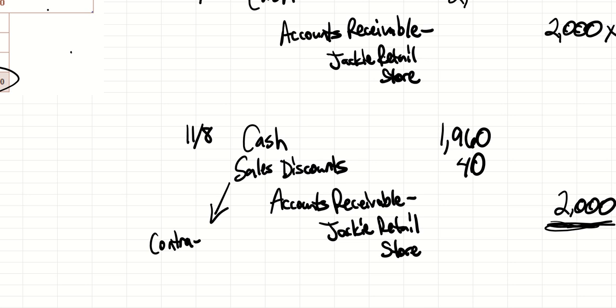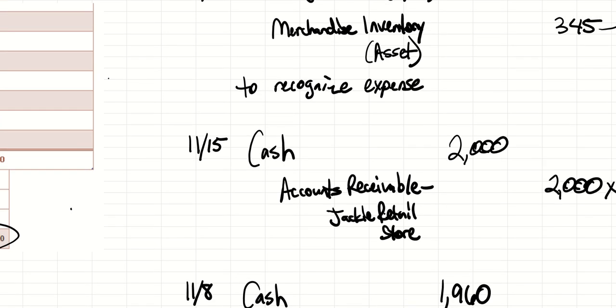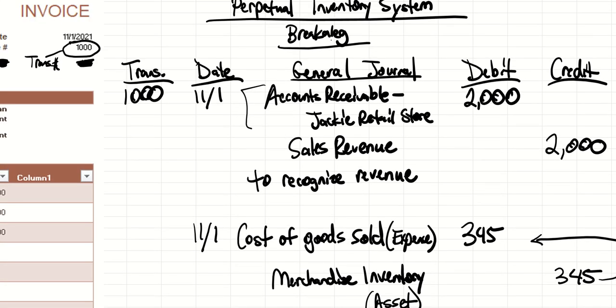It is a contra revenue account. What does that mean? This contra revenue account, because I know there's questions out there about this, is an account that reduces the balance from a main account. In other words, sales discount is a contra revenue account, so it's going to reduce the balance in this sales revenue account here.